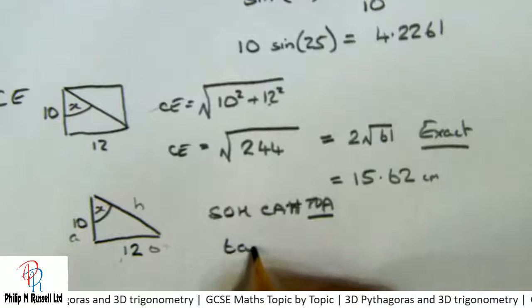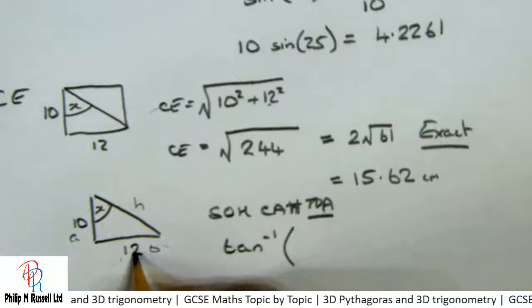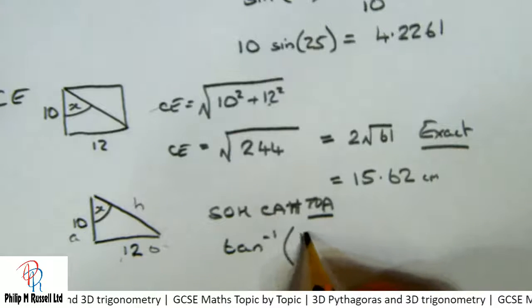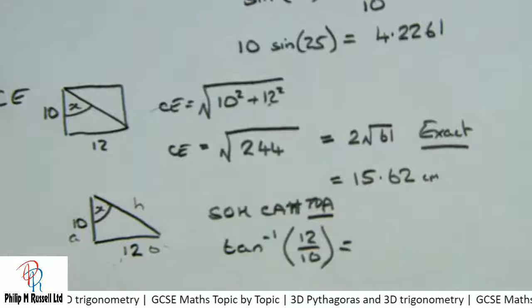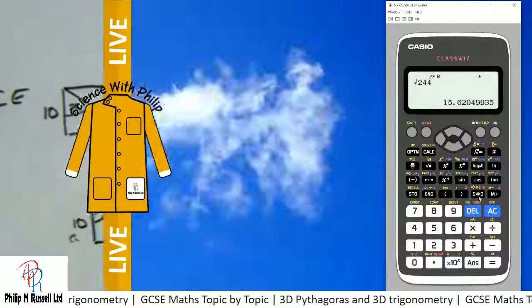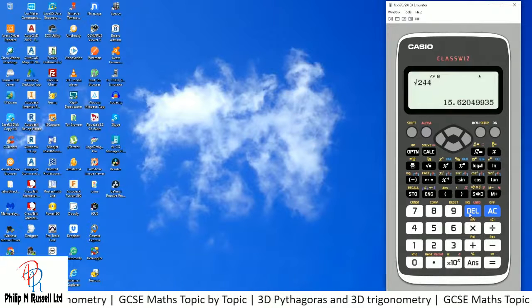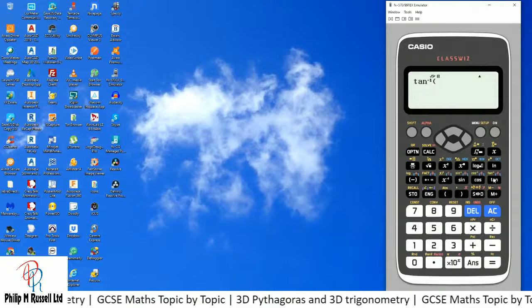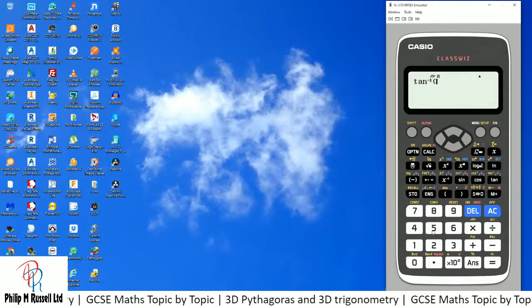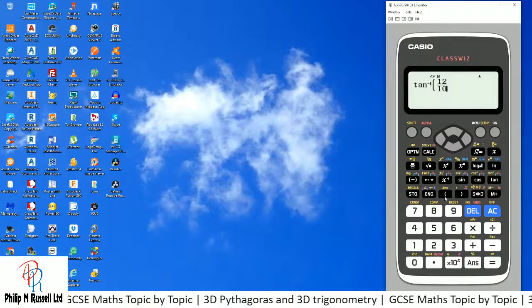We're finding an angle, so it's going to be tan minus 1 of the opposite, which is 12 over 10. So we work this one out simply as doing tan minus 1 of 12 over 10.